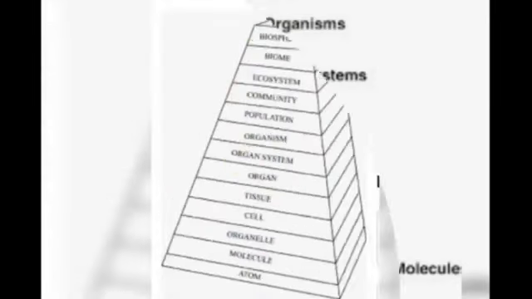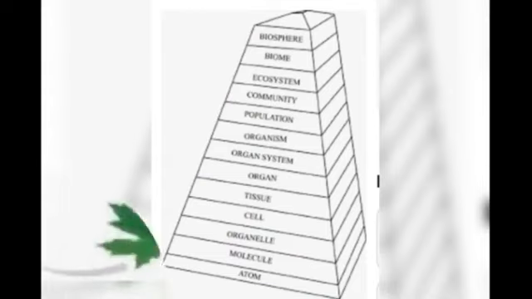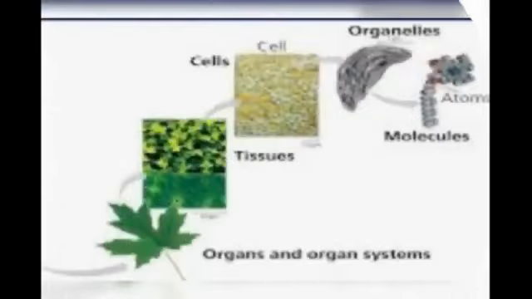So the hierarchy would be from atom, molecules, organelles, cells, tissues, organ system, organisms, population, community, ecosystem, biome, and finally the biosphere, our earth. In this lesson we'll be discussing how organs and organ systems are formed in plants.